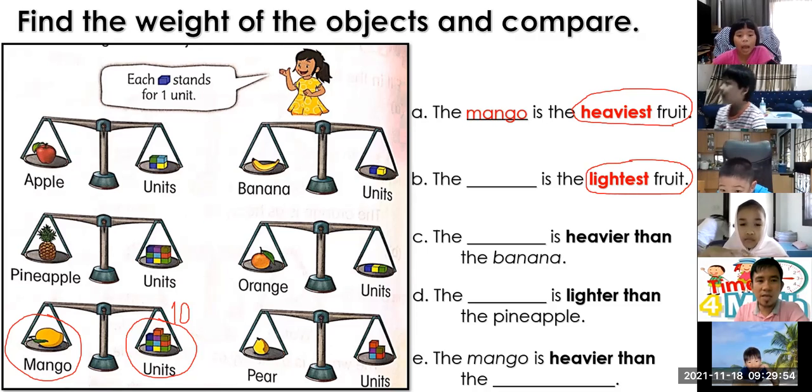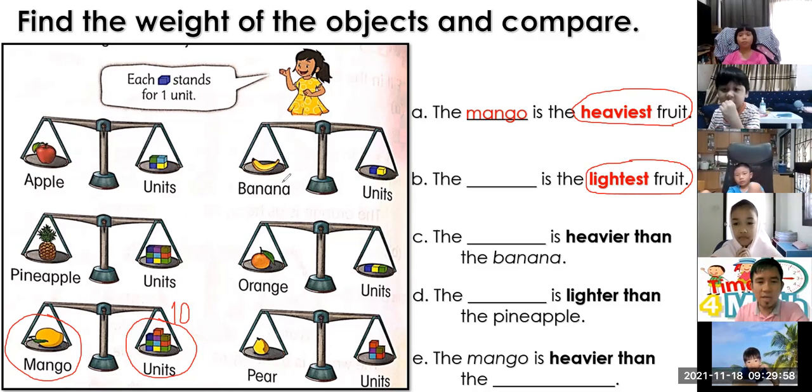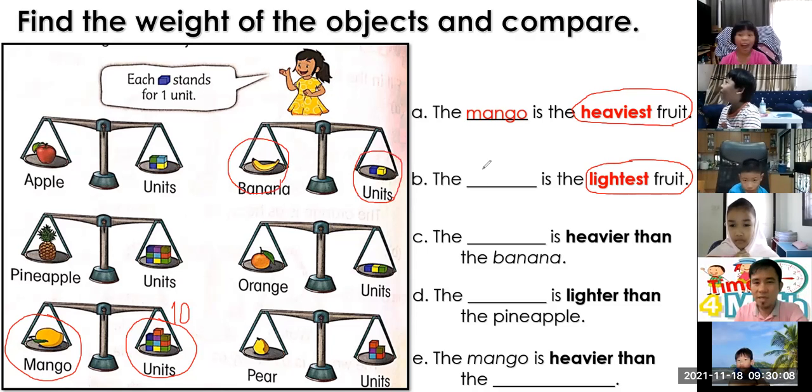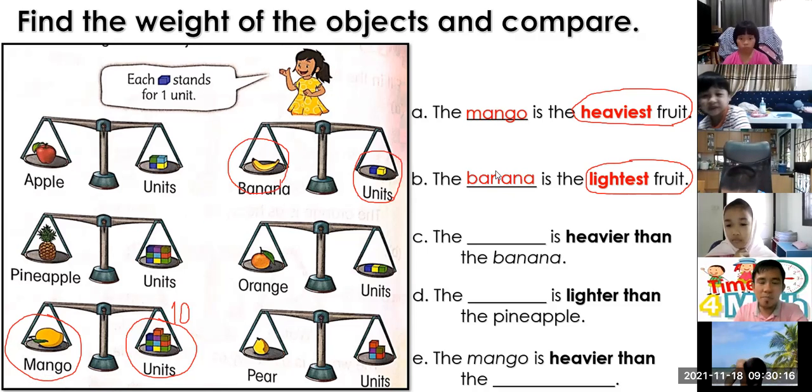The banana is the lightest because it is only 2 units. So the answer here is banana.